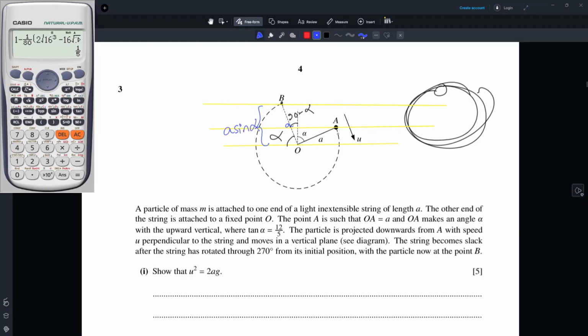And if this is a sine alpha, this is 90 degrees, this is 90 minus alpha. Therefore, if this is a, this portion is a sine of 90 minus alpha, or a cos alpha. If this is a cos alpha, this is a sine alpha, so this one here equals a cos alpha minus a sine alpha, actually.